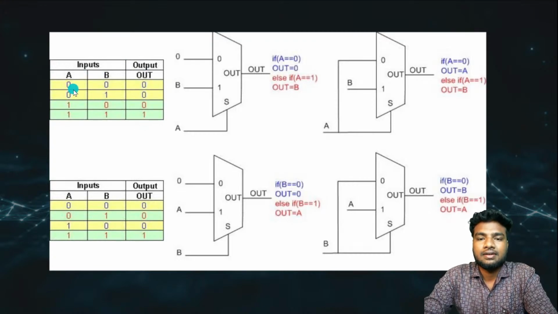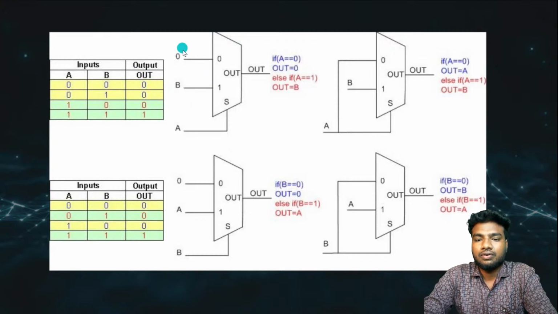If I take the selection line as A, and A equals 0, check our output: it's 0 only. If you take A equals 0, my outputs are 0 0, and B has 1 and 0. So there is no same or alternative thing between B and out; you just have to compare B and out. If I'm taking A as the selection line and A equals 0, I will get the output as 0.